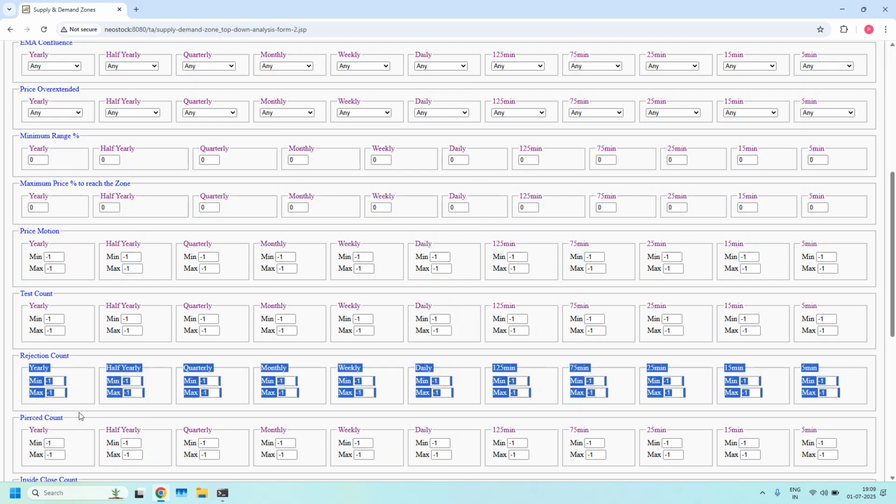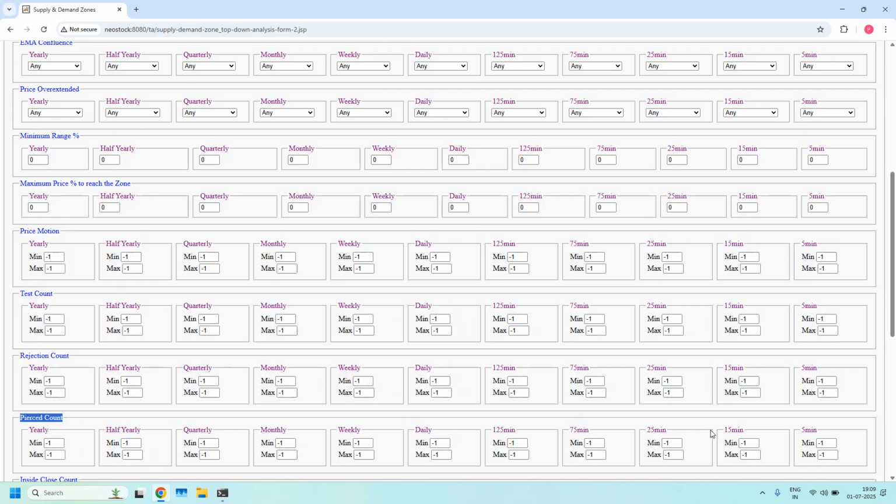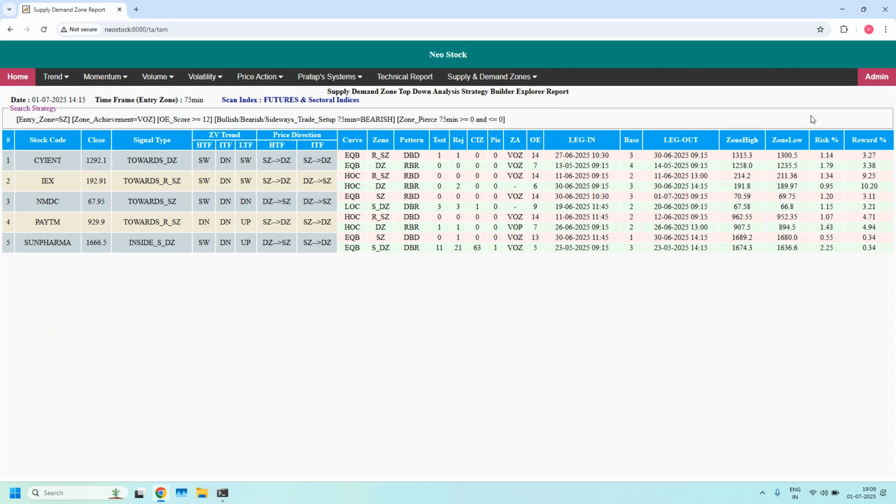So in the pierced count at 75 minutes time frame, I am selecting minimum value 0, maximum value 0. With these filters, we got 5 stocks. This is bearish trade setup for weekly income trade, and entry time frame zones are 75 minutes supply zones.